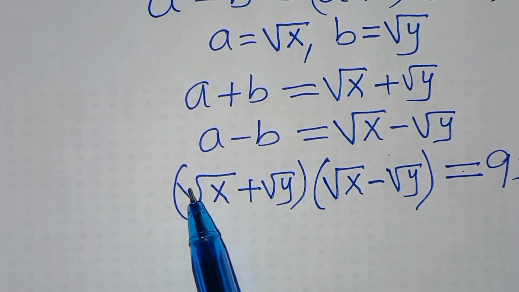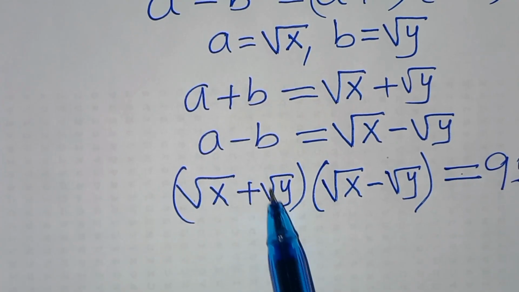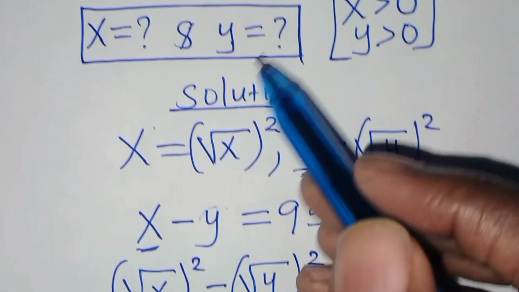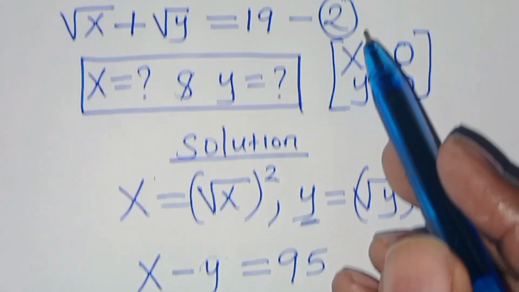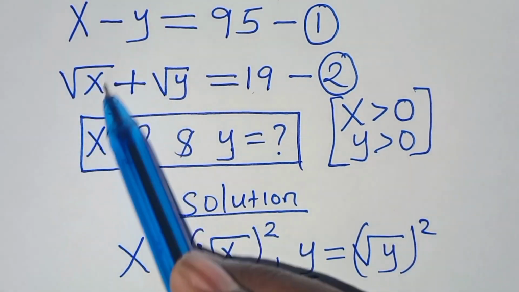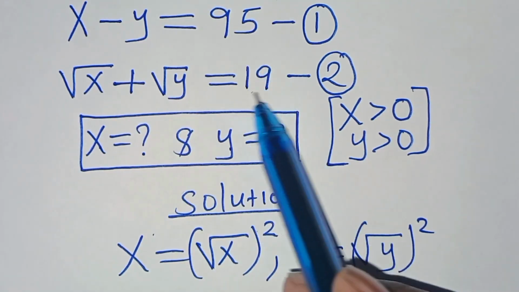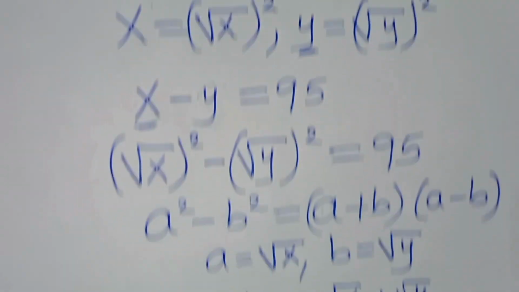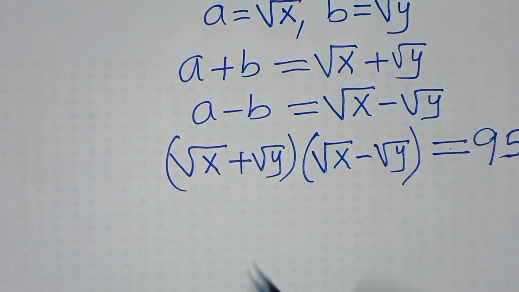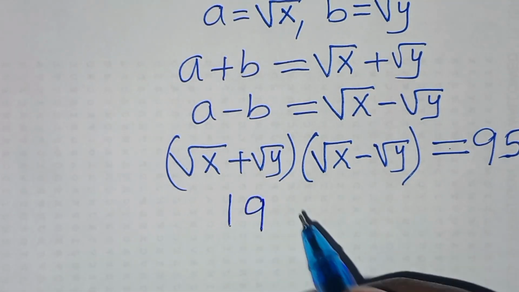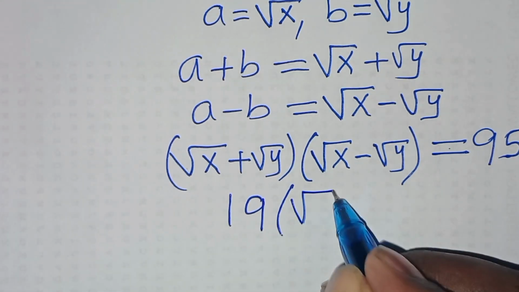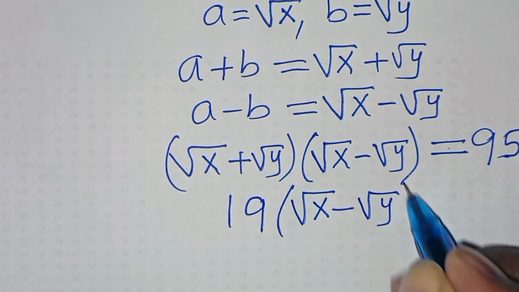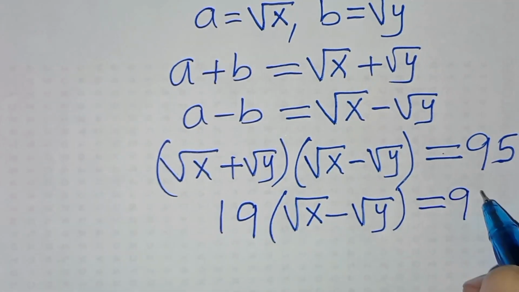We have that square root of x plus square root of y has the value 19. This is from equation 2. So let's substitute this value here. We have 19 multiplied by square root of x minus square root of y, equal to 95.